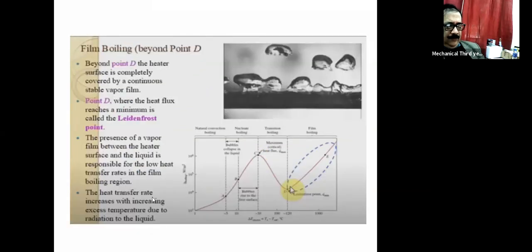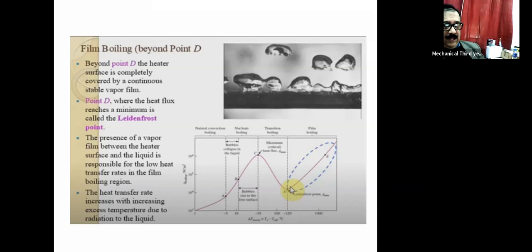The presence of a vapor film between the heated surface and the liquid is responsible for the low heat transfer. Now you can see that the heat flux is again increasing as the temperature difference is increased.